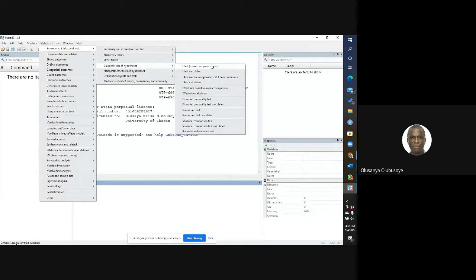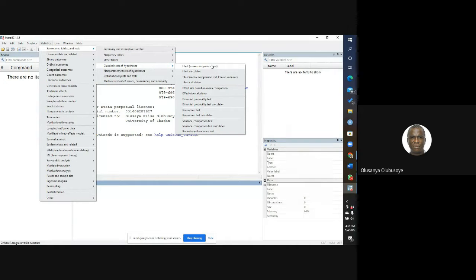and then next to that, so those two, you use them when your sample size is below 30 and the population standard deviation is unknown.